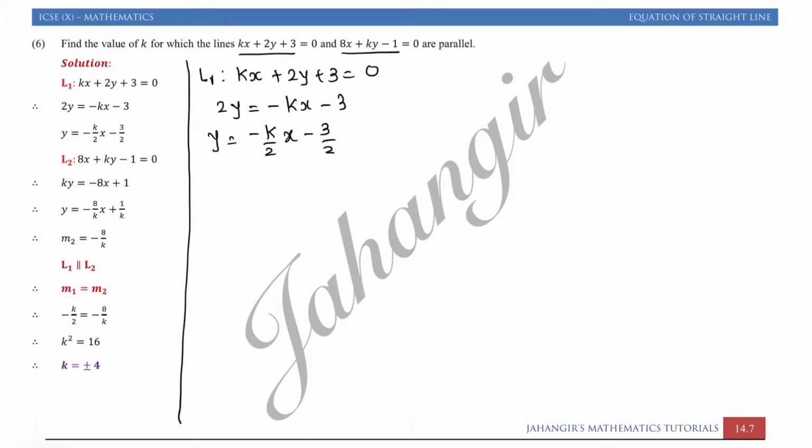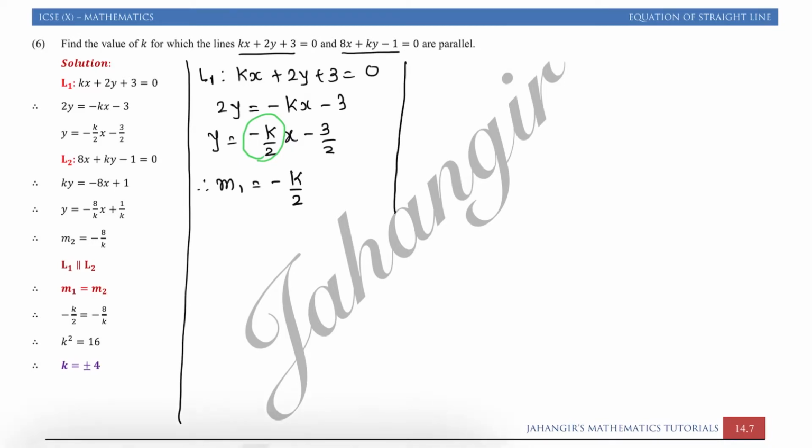Here we are just making y the subject of the formula. So the slope is always the coefficient of x. m1 is -k by 2.